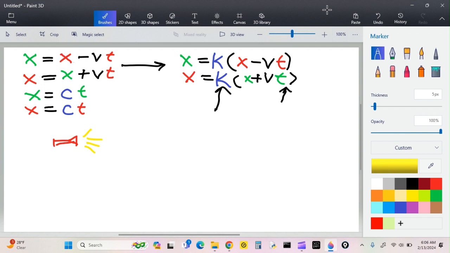So this one's moving this way. This one we can consider stationary. And here's the red man. Let's go get the red man up there. The red man happens to be holding the flashlight.